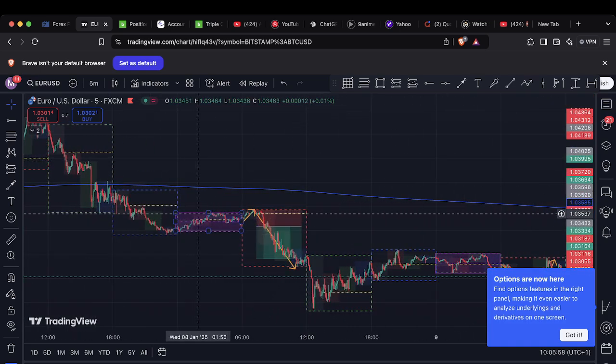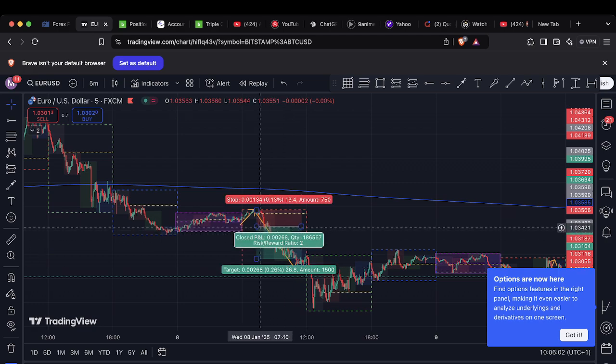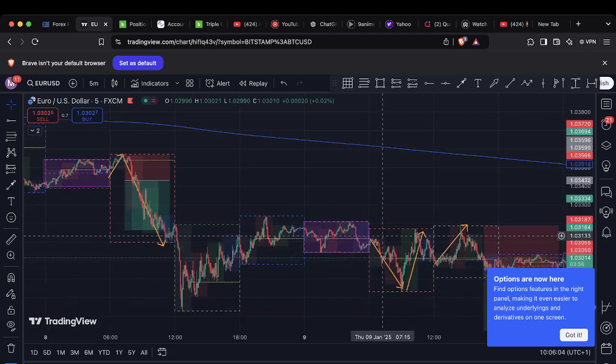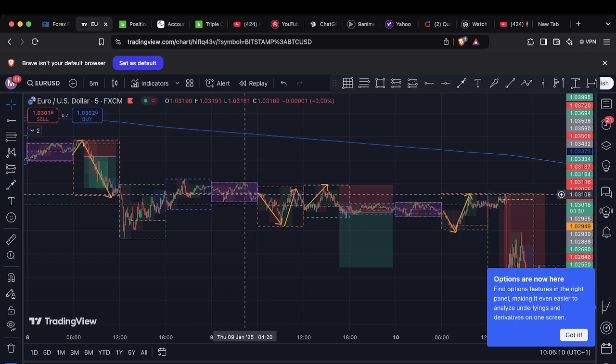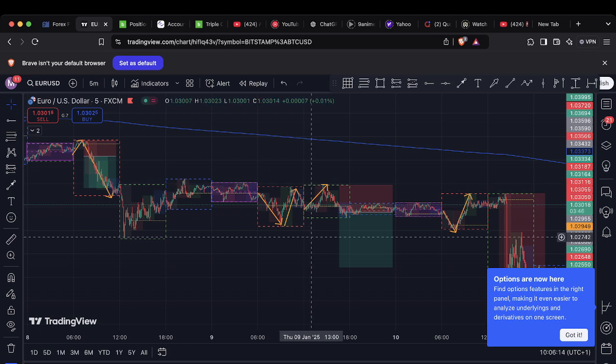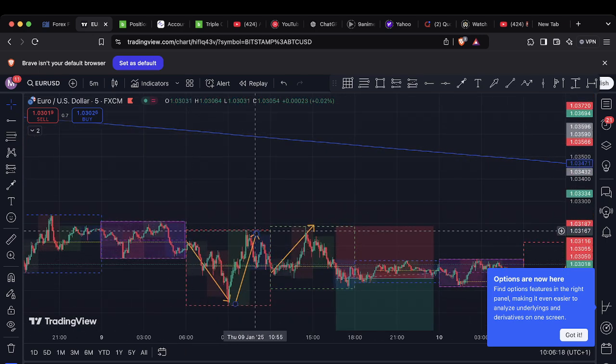You see another accumulation here. Immediately the market manipulated up. On the expansion down, we got our entry. We got a very nice move there. Same thing here. Okay, here is quite different, because in the Q1 the market manipulated down instead of up. But the good thing about this one is that immediately the market took out the high of the Q2.